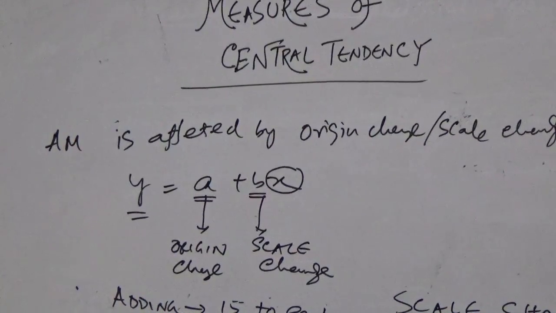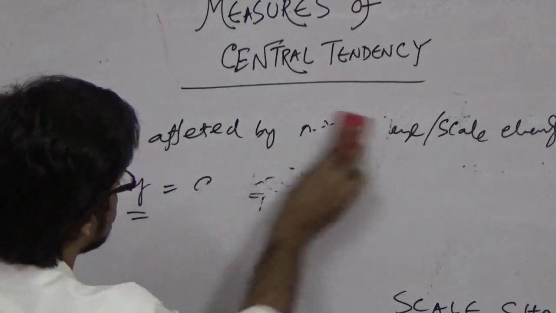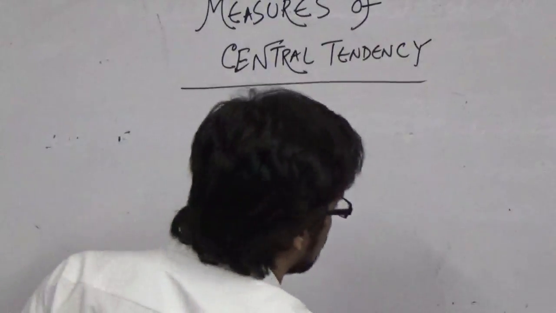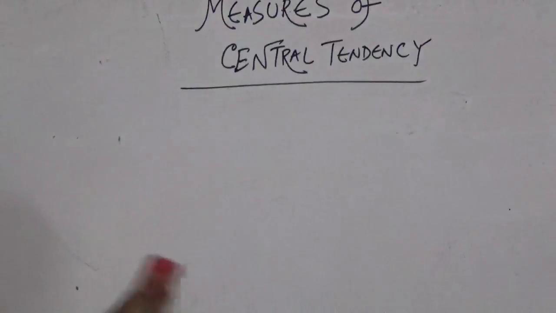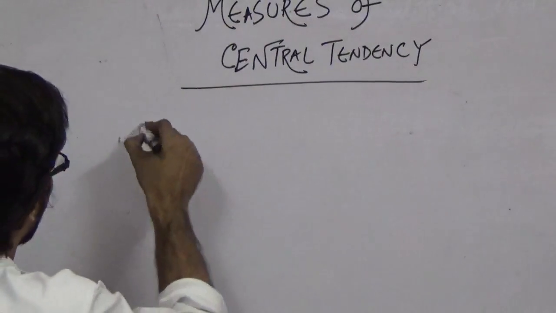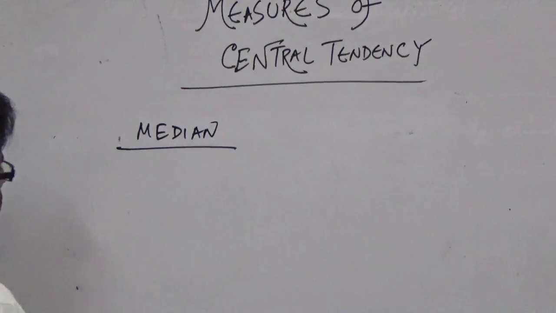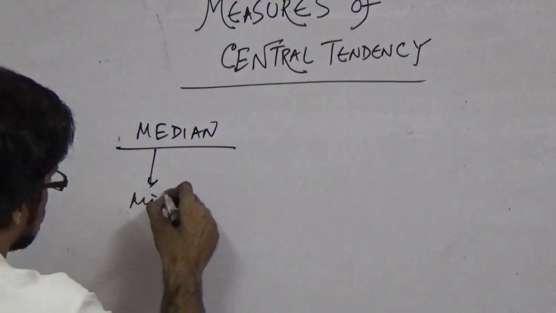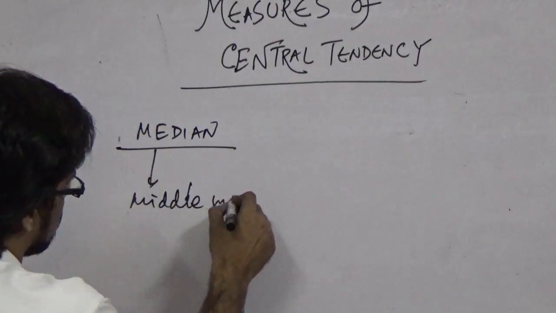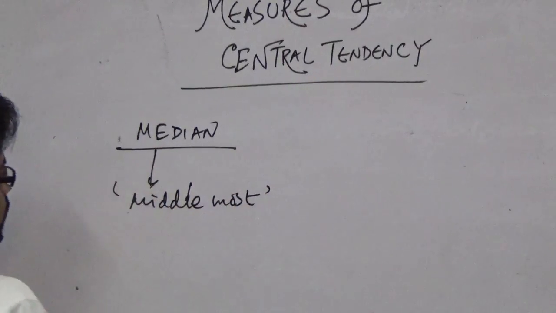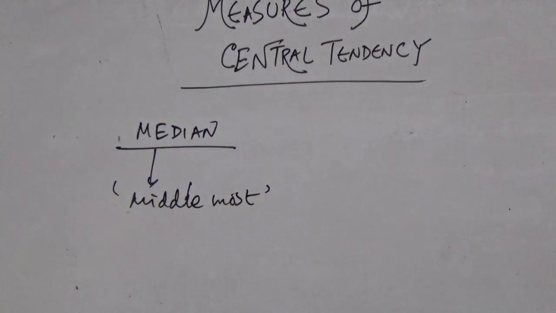Next one is called median. Today's next topic, we are proceeding to median. Median means middlemost. In a group set of data, you need to find the middlemost data.